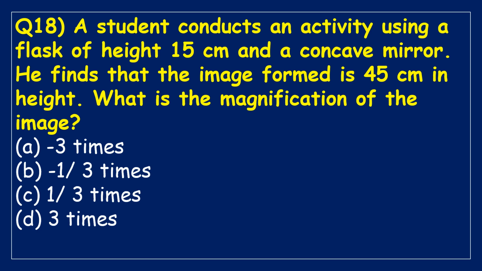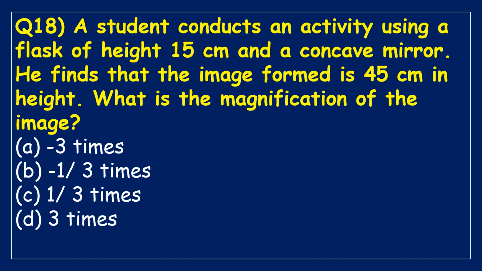A student conducts an activity using a flask of height 15 centimeter and a concave mirror. So he kept an object in front of the concave mirror whose height is 15 centimeter. So object height is given, 15 centimeter. He finds that the image formed is 45 centimeter in height.